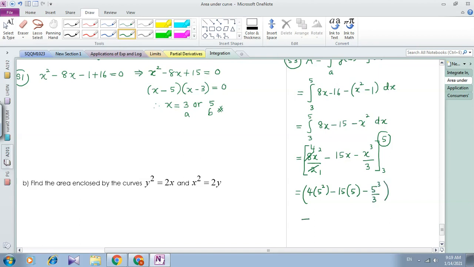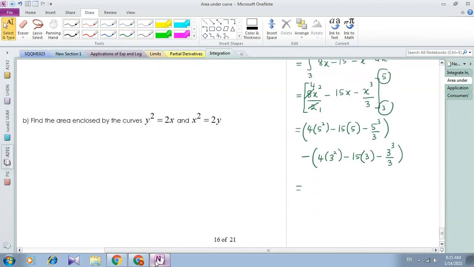And then minus, now we will replace the lower limit: 4 times 3 squared minus 15 times 3 minus 3 cubed over 3.